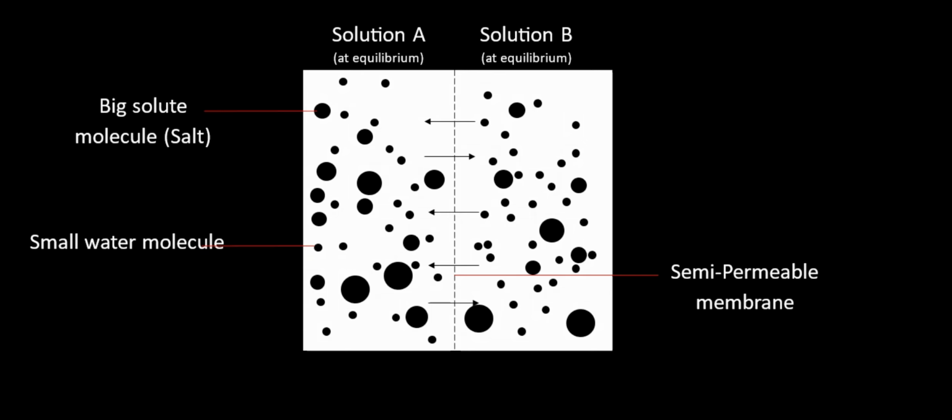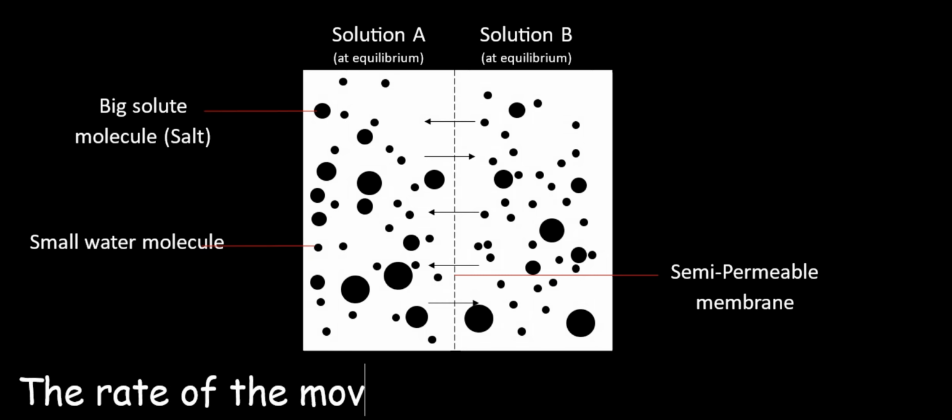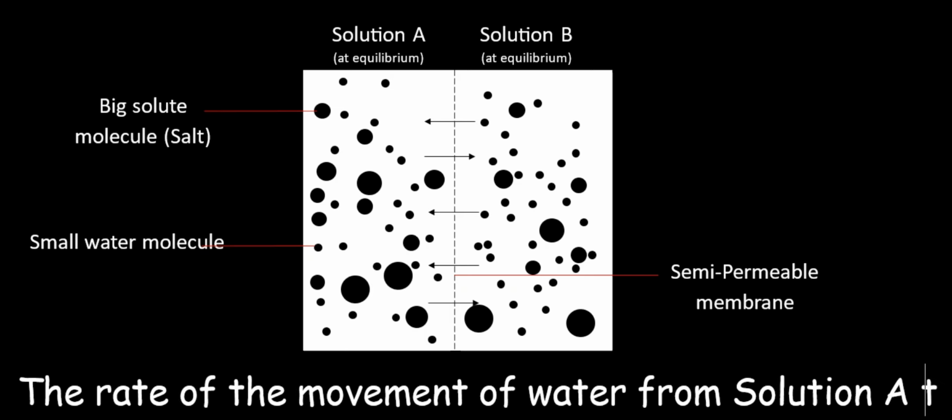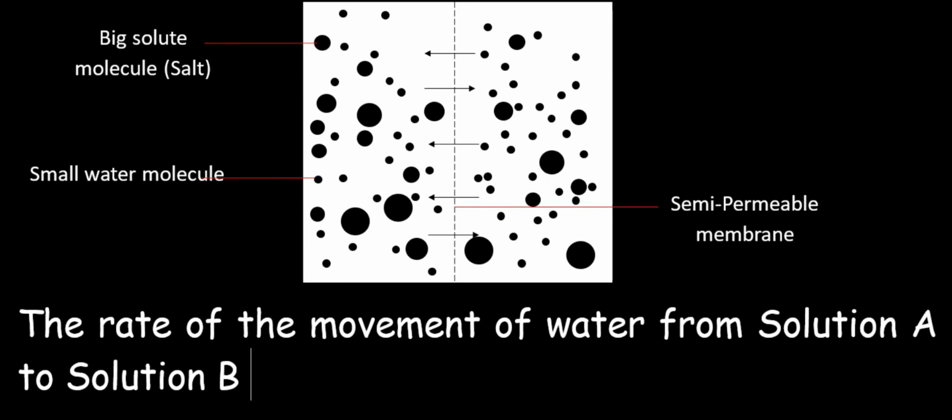That is, the number of solutes in solution A equals the number of solutes of what? Solution B. And thus, the rate of the movement of water from A to B equals the rate of movement from B to A.